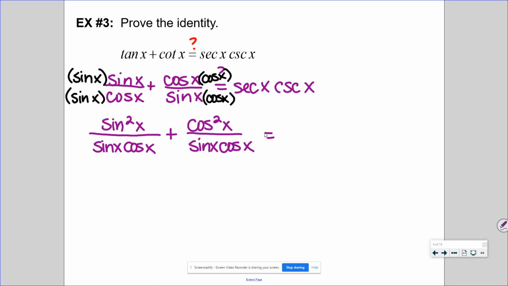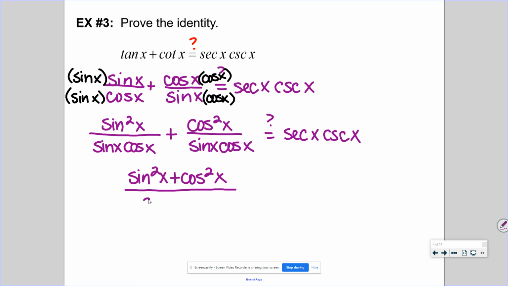Okay, now that I have a common denominator, I can add the numerators together and call it sine squared x plus cosine squared x all over sine x cos x. I know the worst part about doing these problems is bringing this thing back down every time.